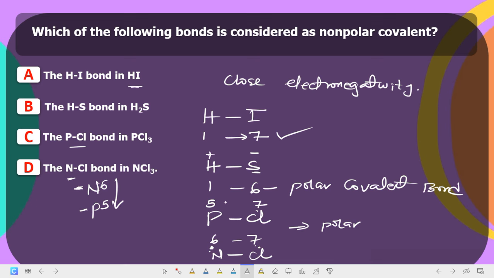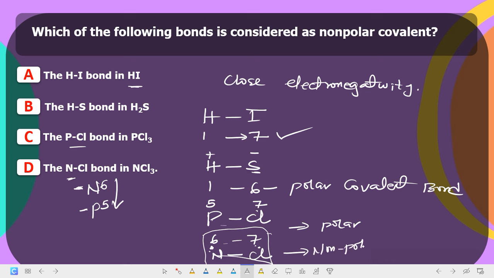Which of them do you think has electronegativity very close to that of chlorine? We can say is what? Nitrogen. So between the choice of phosphorus and chlorine, the right answer to choose now is nitrogen and what? Chlorine, because they have very close electronegativity as compared to that of phosphorus and chlorine. So we can say that this one is non-polar.